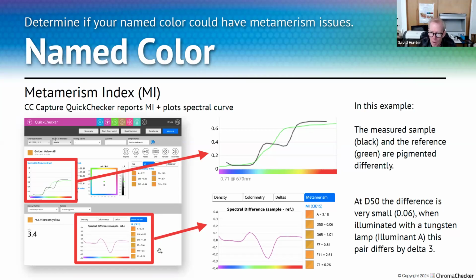So you can know whether or not you've got a problem or if everything's going to be okay. And if you've got a problem, you can then fix the definition of the color, so that it matches the original underneath the Office Depot lighting without ever going into Home Depot.